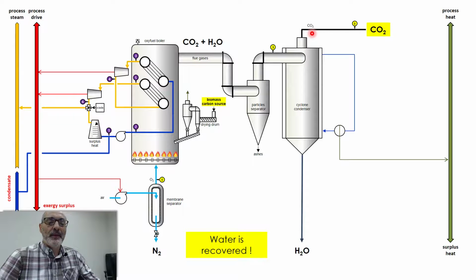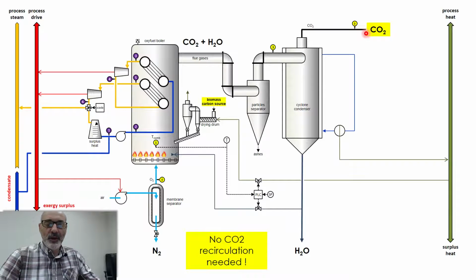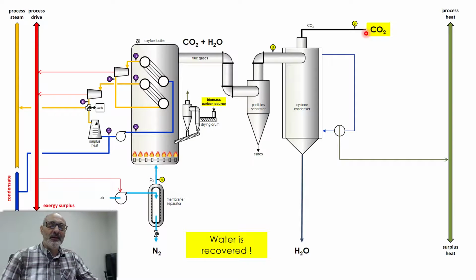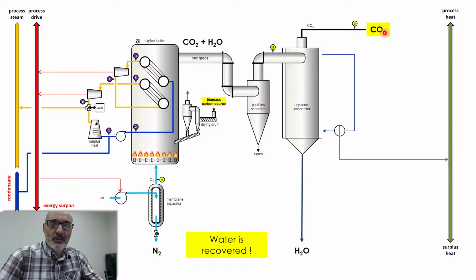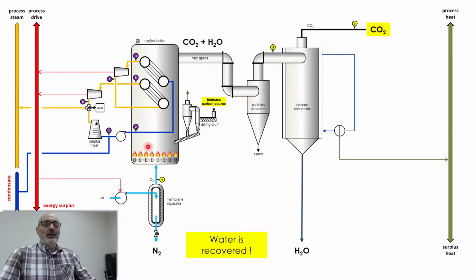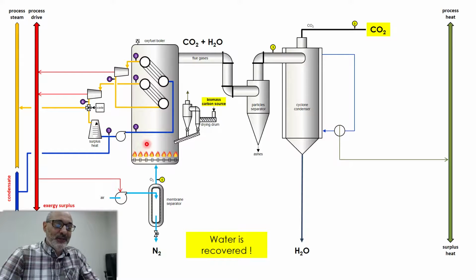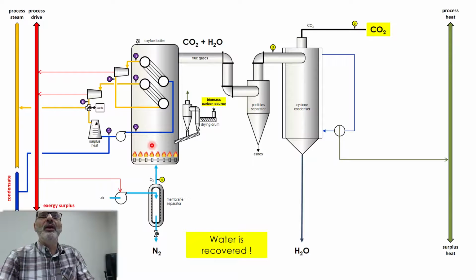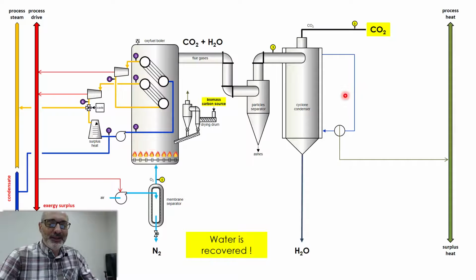Pure CO2. What you need to do now is to compress that. I was forgetting to say something. Here you have virtually pure CO2, but as I said at the beginning in the first calculations, you need to do something here because the temperature is going to rise above 3,000 degrees. In a traditional oxy-fuel boiler, what they do is recycle CO2.